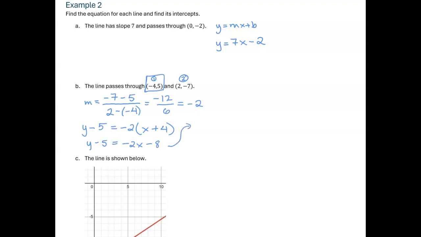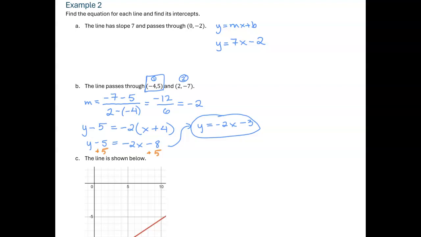If we add the 5, we get -2x minus 3. That was just adding 5 to both sides of the equation, and that would be my answer. So even if you use point-slope form, you'll want to write your answer in slope-intercept form.